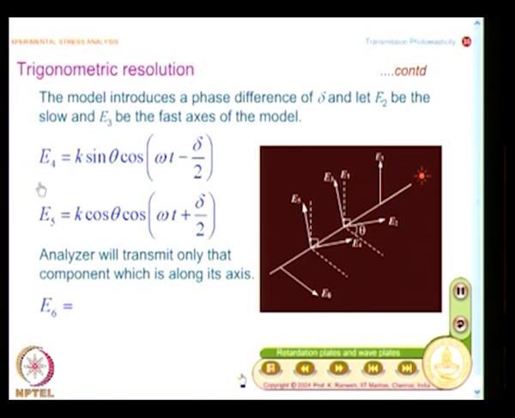So, what I have here is E4 turns out to be k sin theta cos(omega t minus delta by 2) and E5 is k cos theta cos(omega t plus delta by 2).